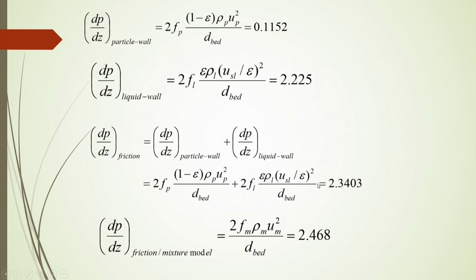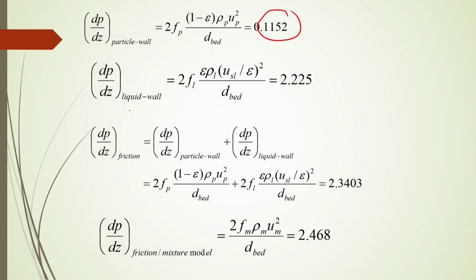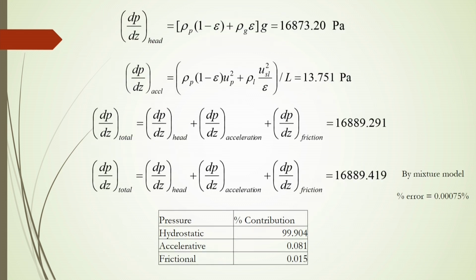And then the individual component of the frictional pressure drop will come 0.1152, and for liquid wall it is coming 2.225. Then the total frictional pressure drop will come 2.340, just the summation of these two, and as per the mixer model it is coming 2.468. It is also almost the same.